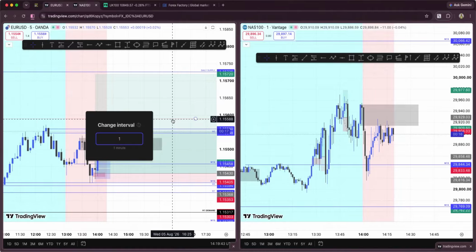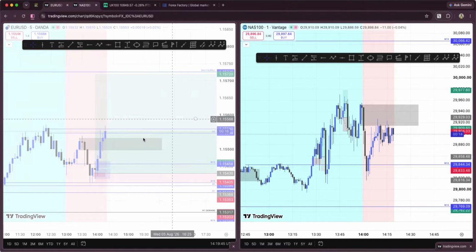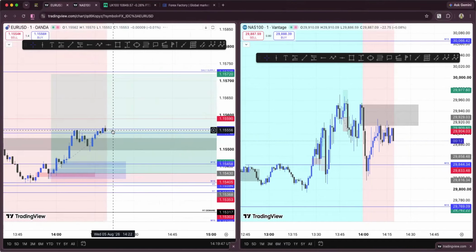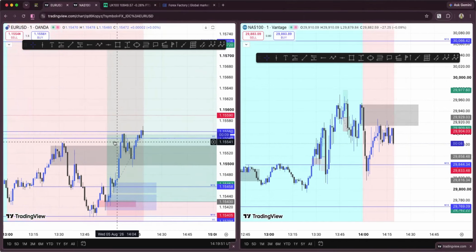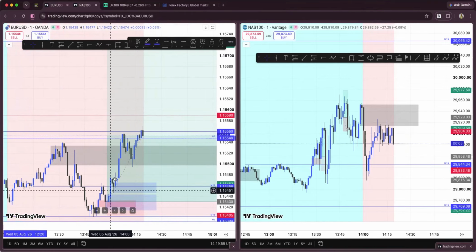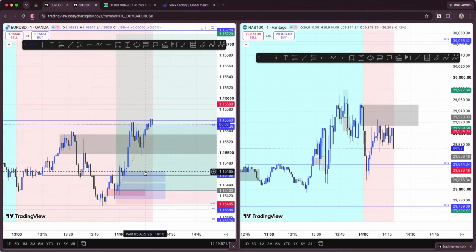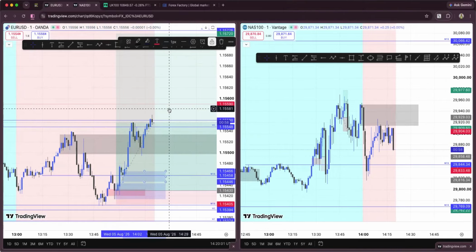When we look at the 1-minute time frame also, when price found this 5-minute demand right here, supply right here, no demand was found. So this is the demand that was to be found to continue the move.